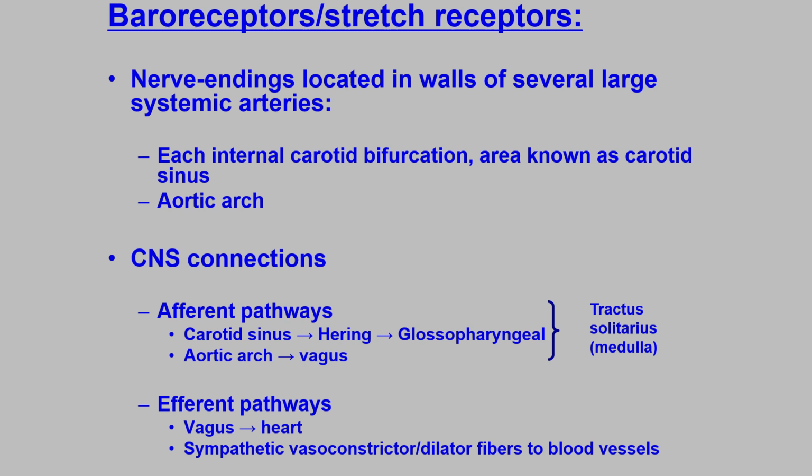Now, the responses come out of the medulla, again through the vagus nerve, which goes to the heart, but also through the sympathetic network, which causes sympathetic vasoconstriction or vasodilation fibers to the entire vascular system.